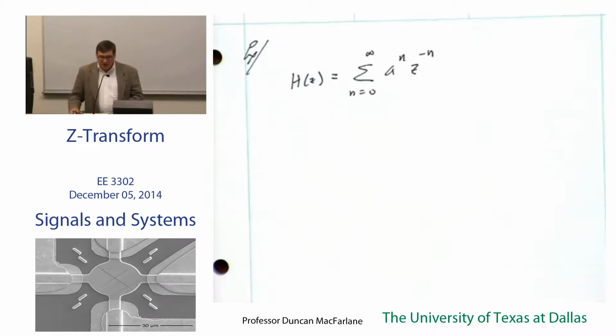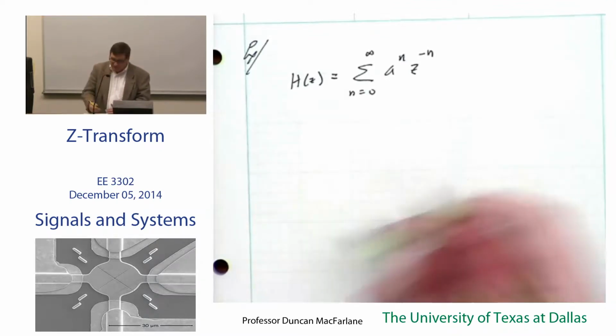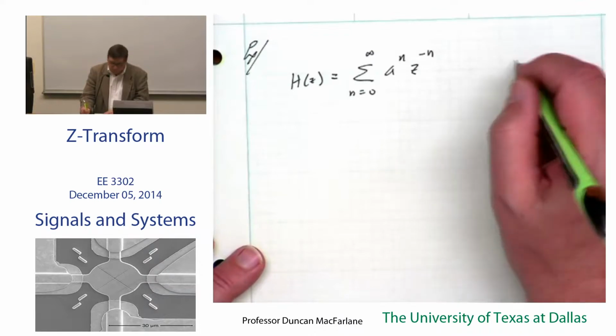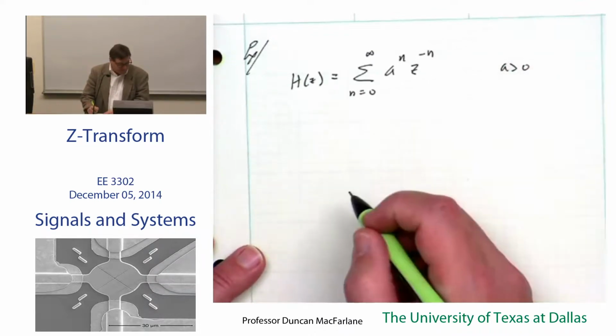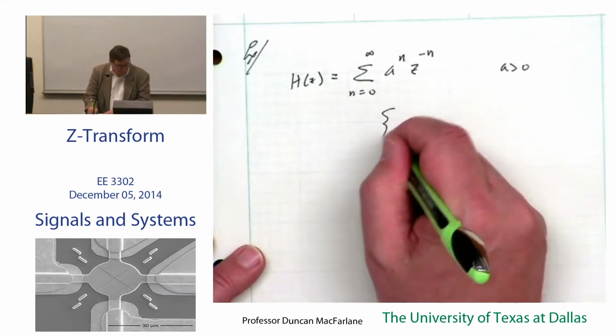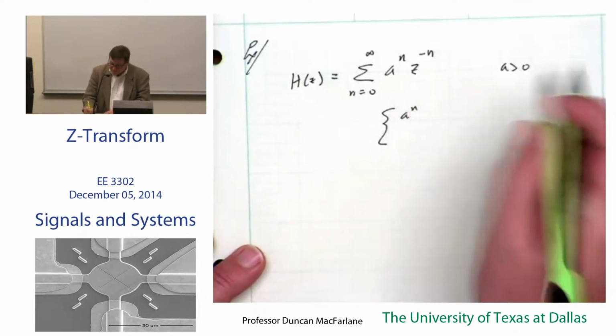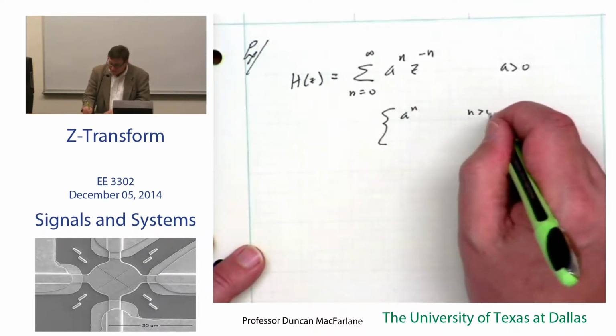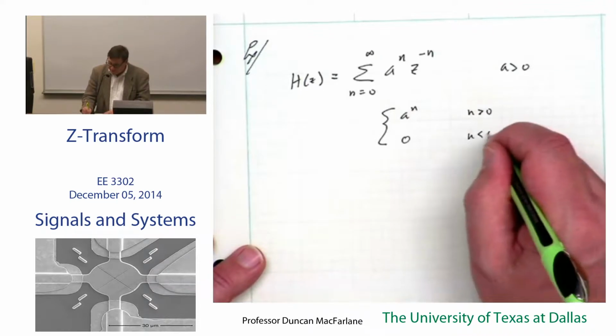Now I'm going to actually come back to this example in a completely different way in a little bit, but this is sort of the sterile, mathematical approach to this particular problem, and we've seen this a bunch of times. I'll say that a is greater than 0, and so therefore this is going to be a to the n for n greater than 0, and it's going to be 0 for n less than 0.